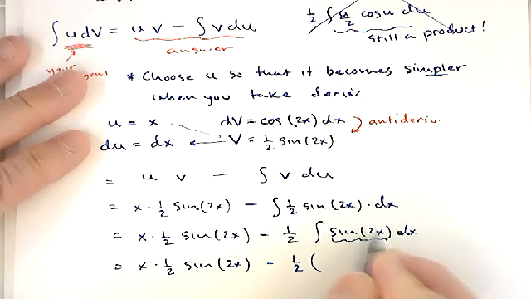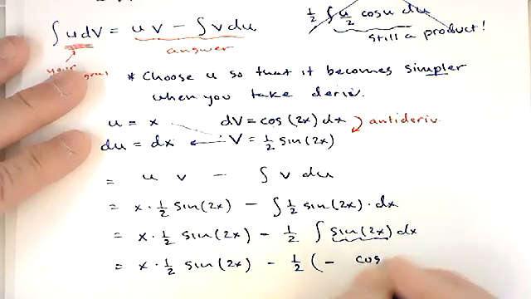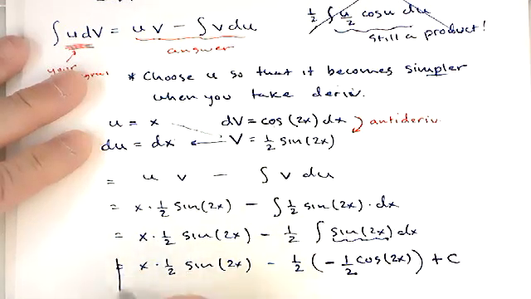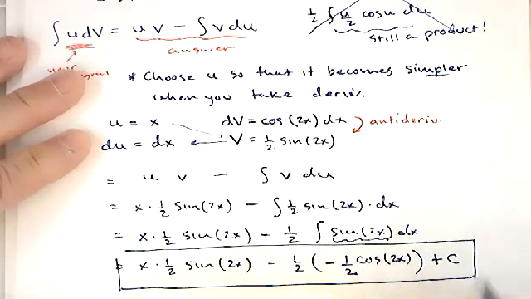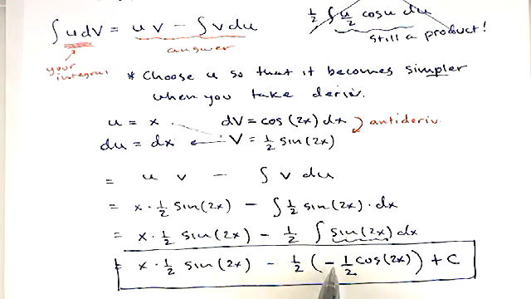I don't want to go through a whole u sub here, but because it's just sine of 2x, I know the antiderivative of my sine function is negative cosine of 2x, but then I just multiply by the reciprocal, 1/2, negative 1/2 cosine of 2x. And then we just put the plus c at the very end. And of course, this could be simplified, right? This could be written as plus 1/4 if I multiply these together.